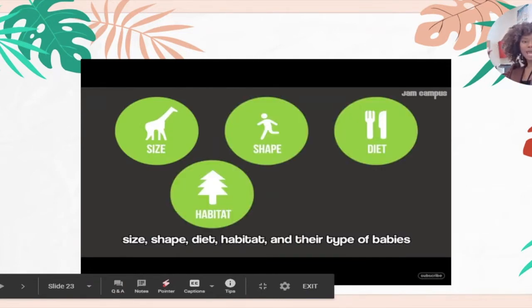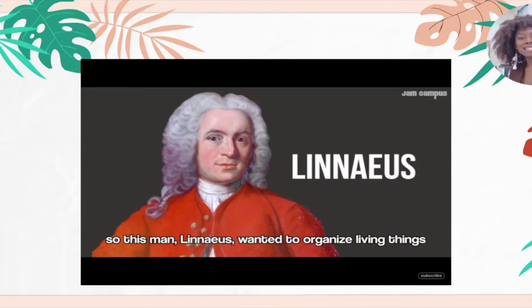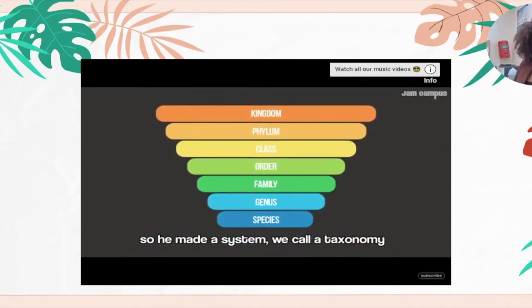Sashie their habitat and their type of babies. So the span in the edge wanted to organize the fan things. So we made a system we call a taxonomy.